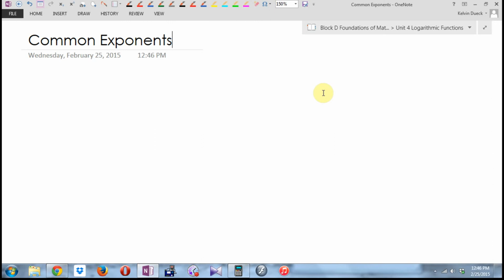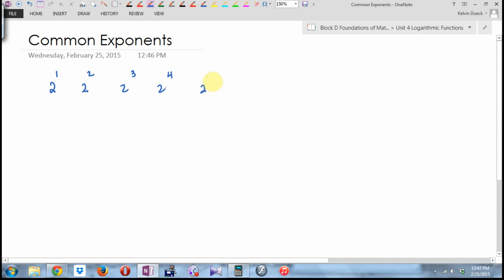What I do mean is if you see one, you recognize it, which isn't quite the same as memorizing. Here's what you should know: 2 to the 1, 2 squared, 2 cubed, 2 to the 4th, 2 to the 5th, 2 to the 6th.